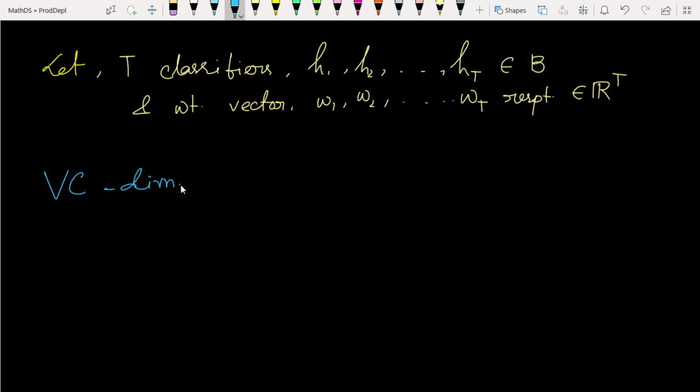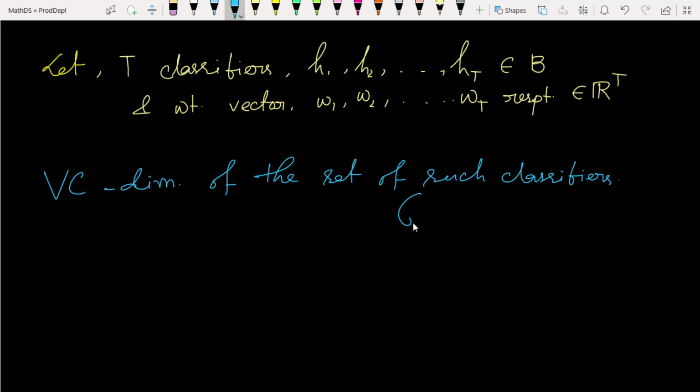the VC dimension of the set of such classifiers. Such classifiers means I am talking about all selections of T classifiers from B, and the corresponding weights belonging to R^T.